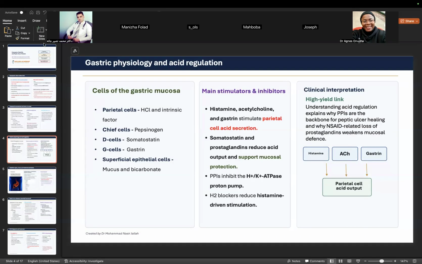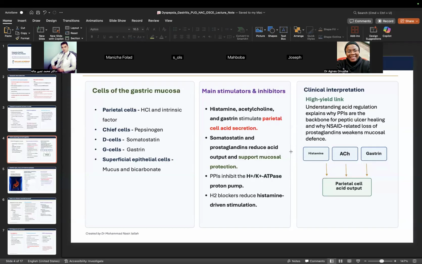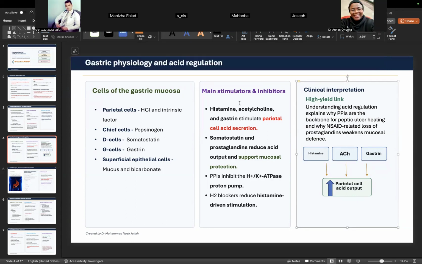So they increase the acidity. So keep that in mind. Now, main stimulants and inhibitors.